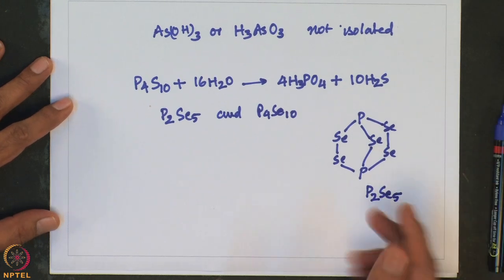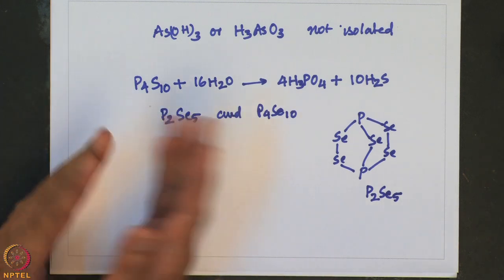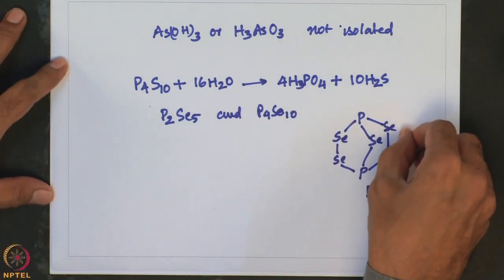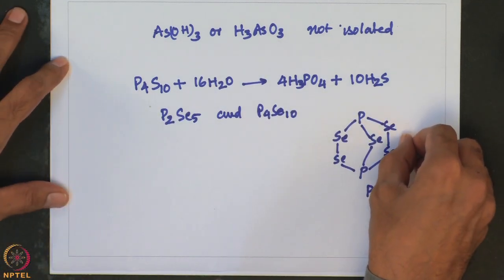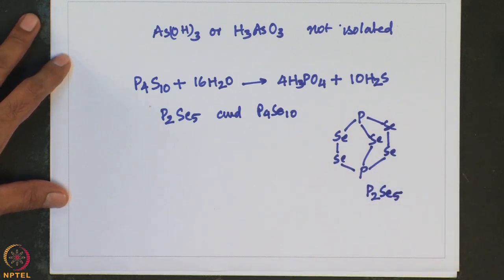Of course, this kind of property stems from the fact that chalcogens are known for undergoing catenation. That is the reason we see Se-Se bonds here, and thus the composition is P2Se5. These compounds can be made by direct combination of white phosphorus with selenium under appropriate reaction conditions.